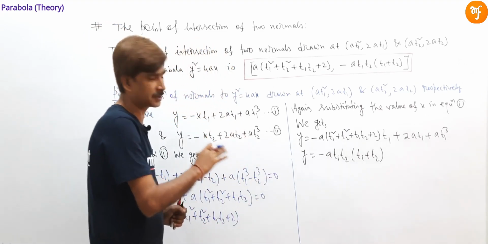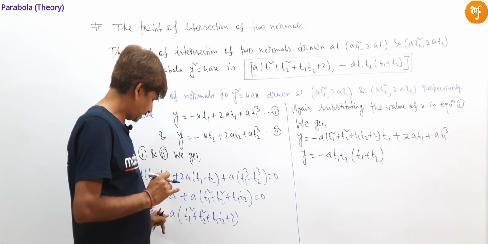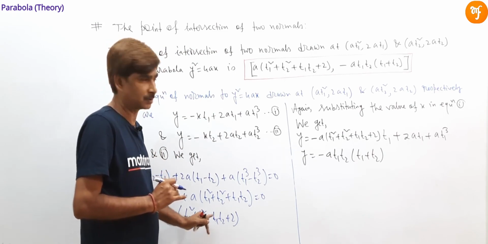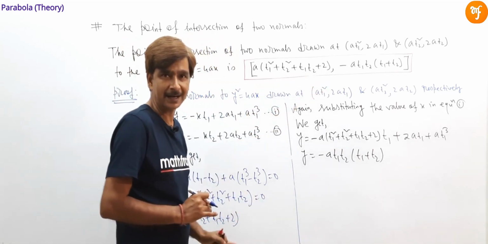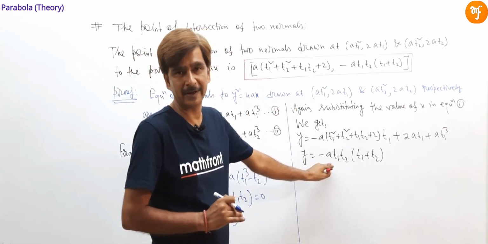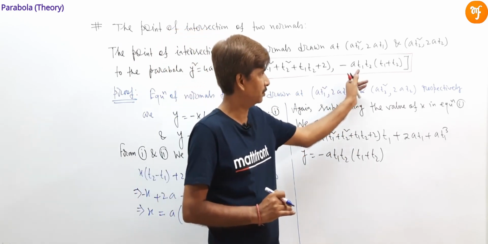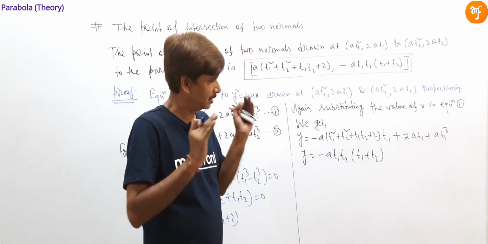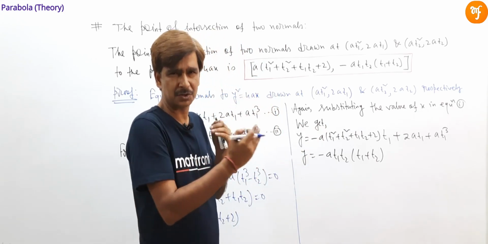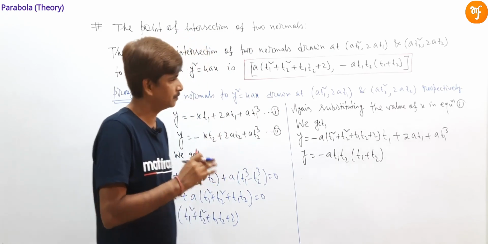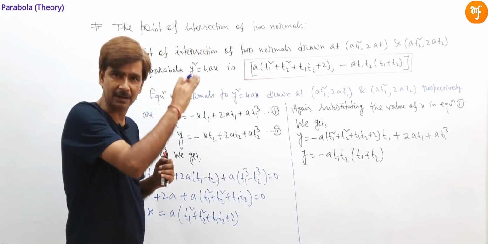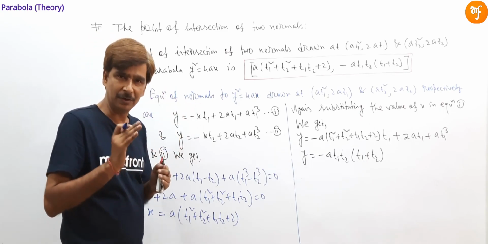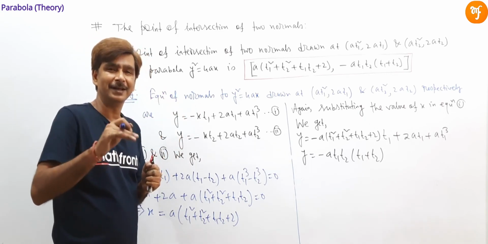So the point of intersection of the normals has x coordinate a(t1² + t2² + t1t2 + 2) and y coordinate -at1t2(t1 + t2). Clear? The calculation is easy, but it is too lengthy. No issue, just try to understand the trick and apply it in types of numericals. So now come to the next concept.